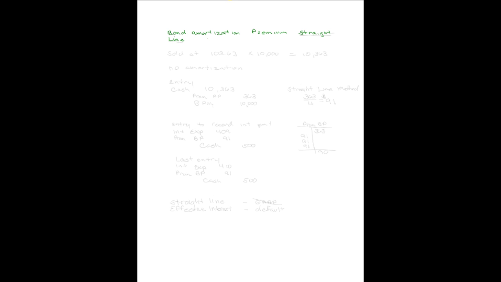I'm still going to use our bond sold at 103.63 and still use a $10,000 bond. So you know the bond sold at $10,363. I'm not going to make an amortization schedule because it's too simple to do this without. I see no point to it.